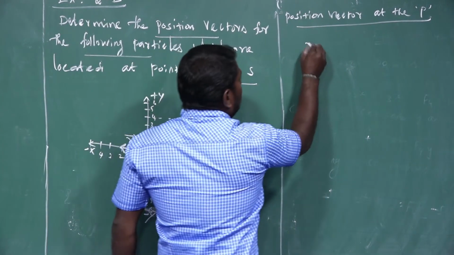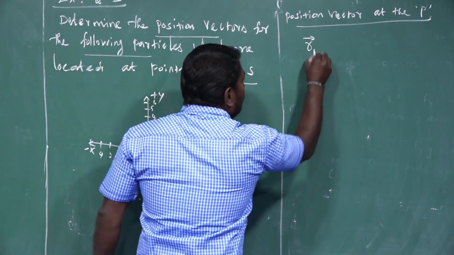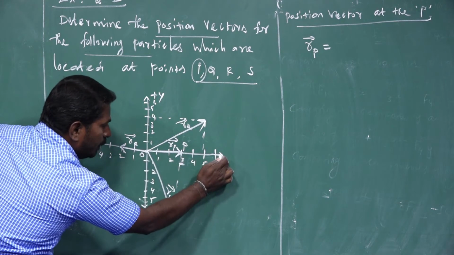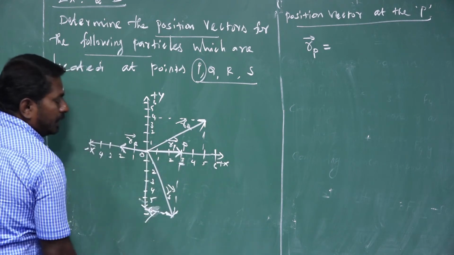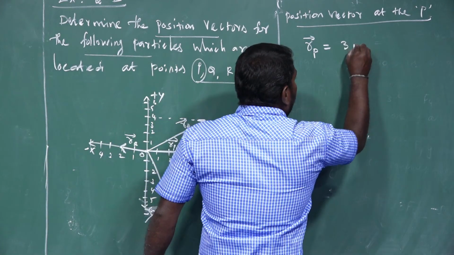So position vector R vector at point P, that is Rp vector, is equal to only along the positive x-axis. The entire position vector Rp is lying along only the positive x-axis. So therefore 1, 2, 3, 3 i cap.